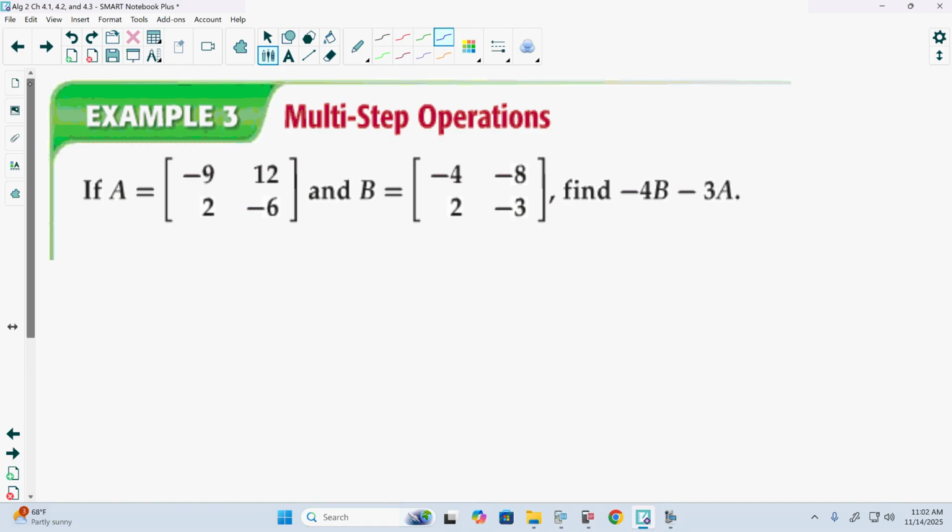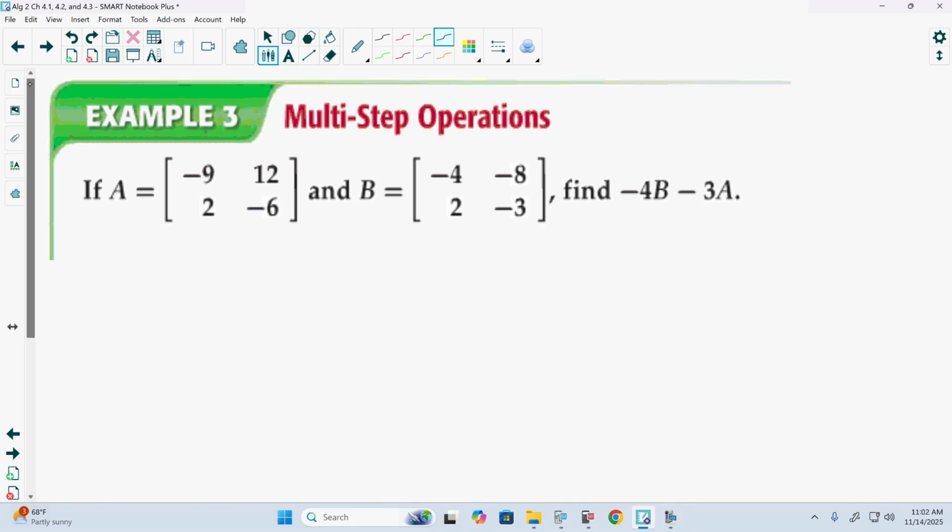-4b minus 3a. I think we remember doing some of these here. Keep going. There we go. Other side. There we go. -4b minus 3a.